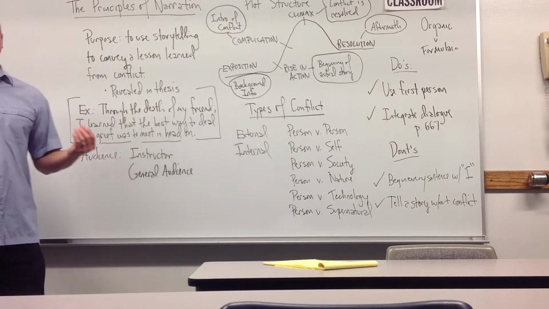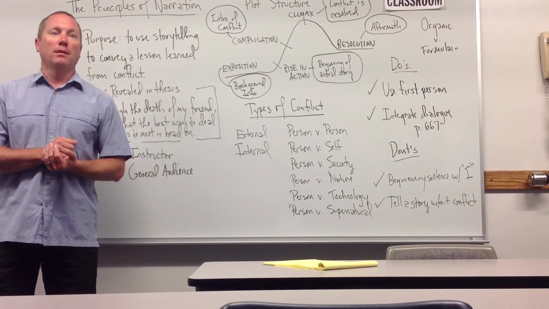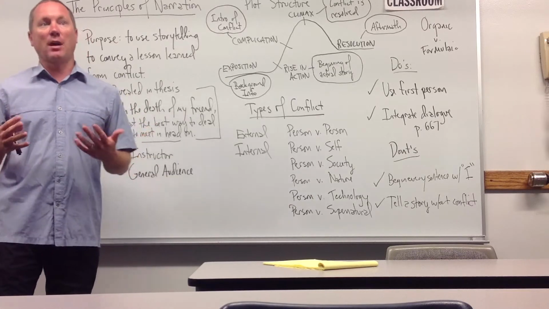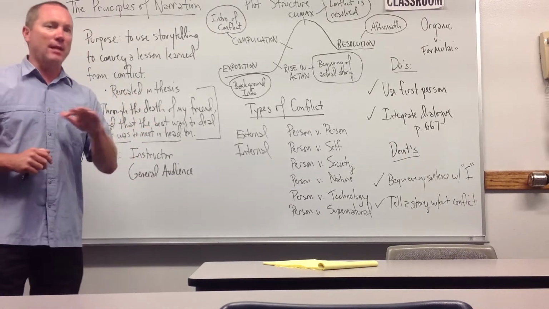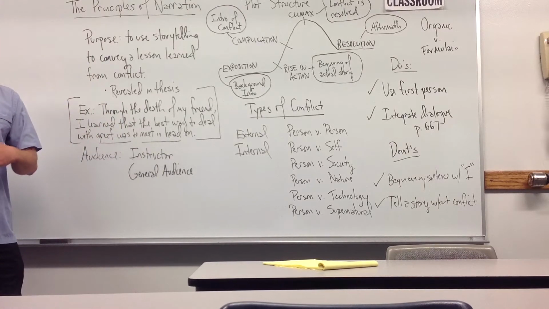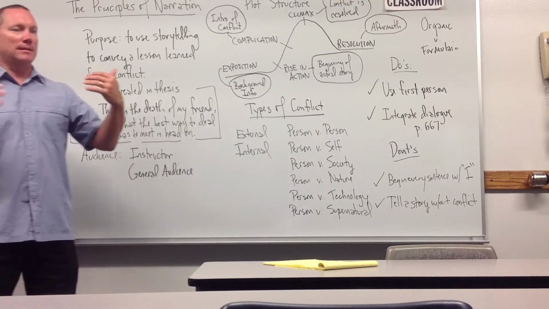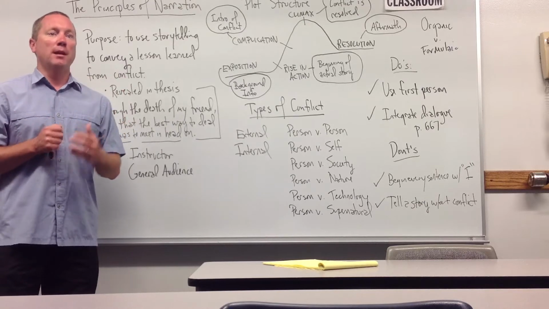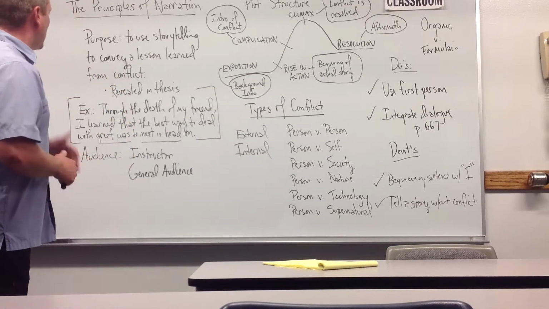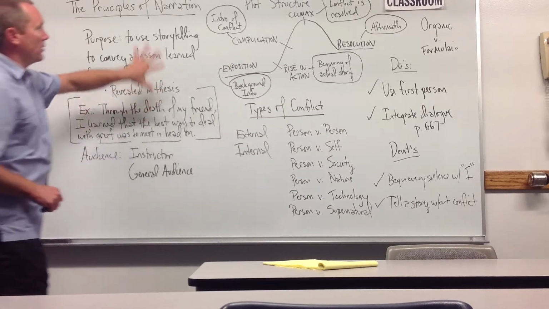So no statements like, while I was thinking about this assignment for my class, I remembered this time in 4th grade. Nothing like that. Again, no mentioning of the class or the assignment. Instead, your assumption should be that you're just writing this because it's something you want to communicate. All right, so purpose, audience, get those out of the way.